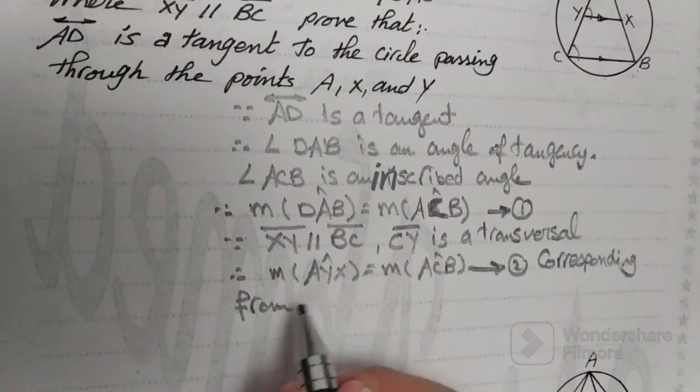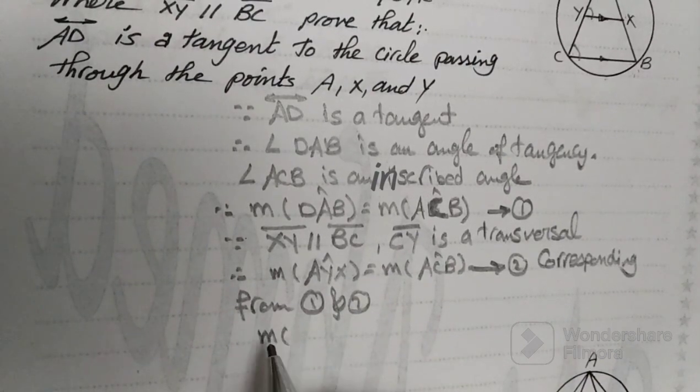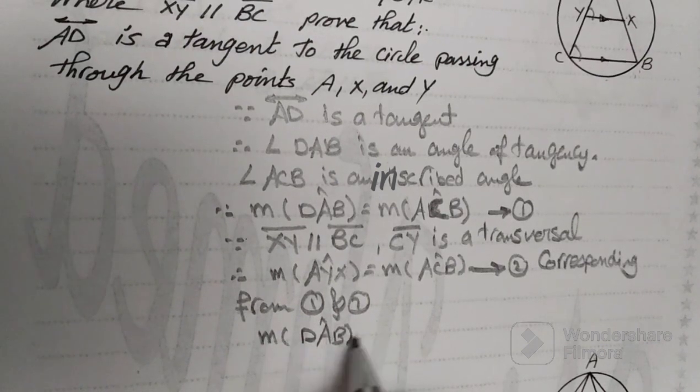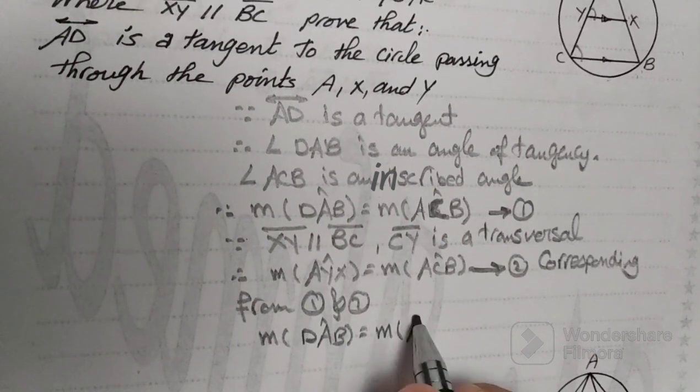From 1 and 2, the measure of angle DAB equals the measure of angle AYX.